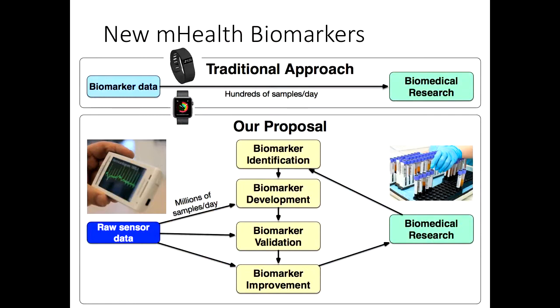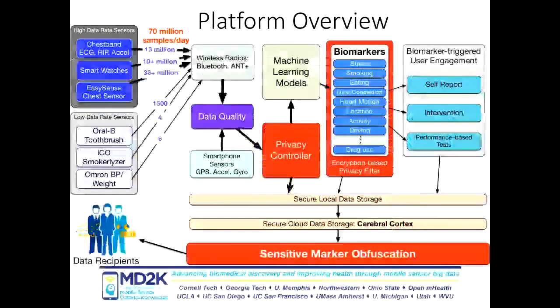Raw sensor data can be used to obtain new digital biomarkers that were not available at the time of data collection. Doing so, however, requires a mobile phone software platform that can be used to collect both high-rate raw sensor data and the associated labels in the field. mCerebrum supports this high-frequency raw sensor data collection in excess of 800 hertz, or over 70 million samples per day, along with the curation, analysis, storage, and upload to a cloud system.